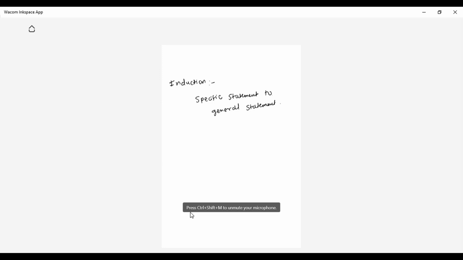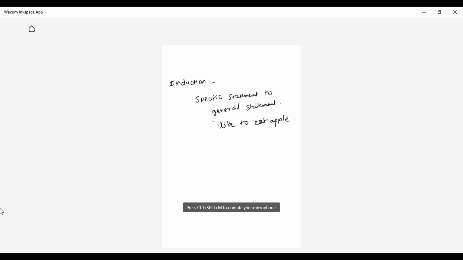Now I'll give you an example of how from a specific statement we move to the general statement. Suppose I have "like to eat apple" as a statement. I will start with myself first. So for myself I'll say, I like to eat apple. Then I will start with my friends and my neighbors, and I will say that my neighbors like to eat apple.